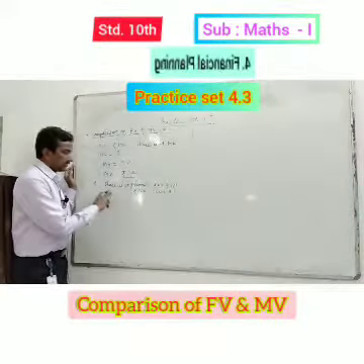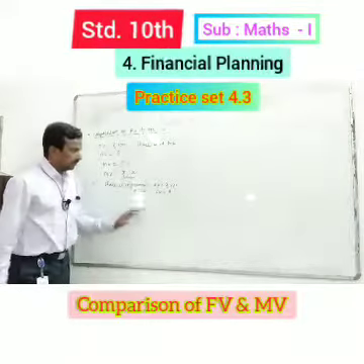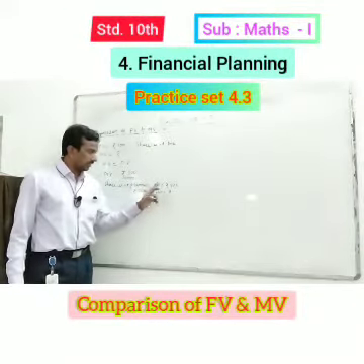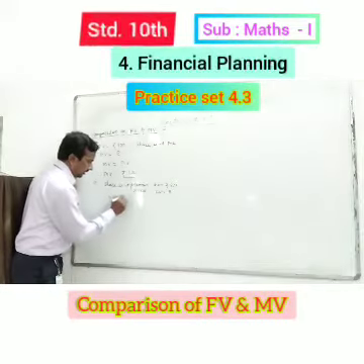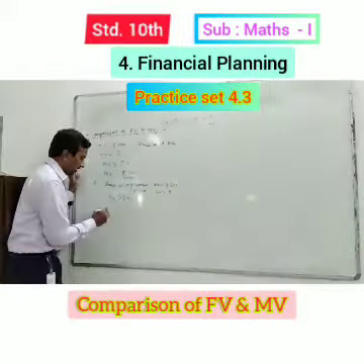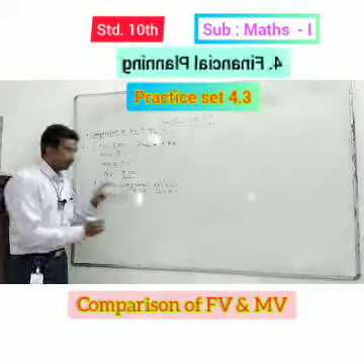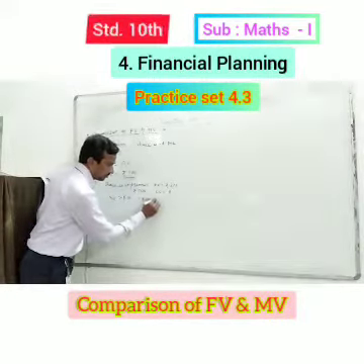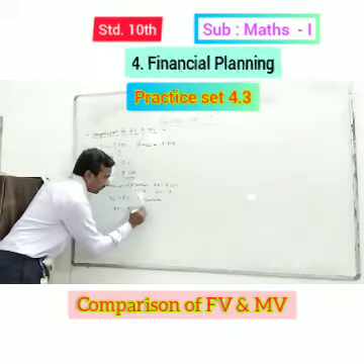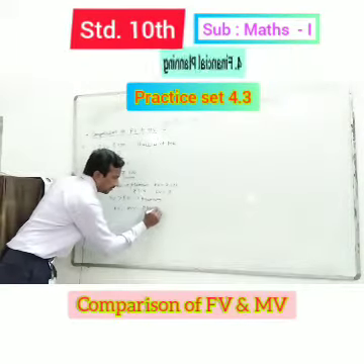Now, if share is at premium, means if market value is greater than face value, then share is at premium. Therefore, face value is equal to market value minus premium.